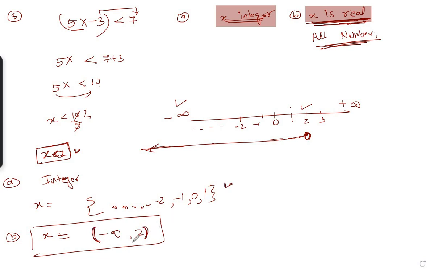These type of brackets mean all the numbers in between are also there. Minus infinity to 2. Whatever numbers are in between, somewhere here, the decimal numbers, the fractional numbers, all are included. So for real numbers, we use these brackets. And if we know integers or natural numbers, then we use curly brackets with commas. I hope you got it. Next question.